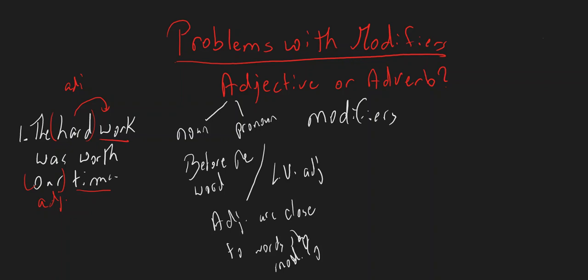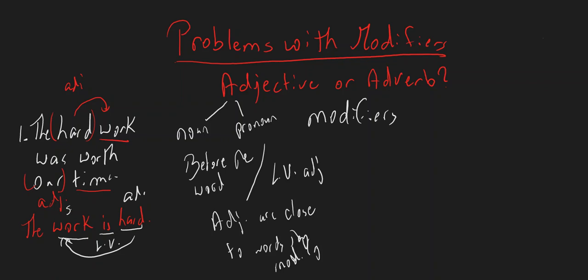For example, I might say the work is hard. Okay, so in a sentence you have the subject, which is the noun, and a linking verb followed by the adjective, which defines or modifies work. So these are the places where you can find an adjective modifying a noun or a pronoun.